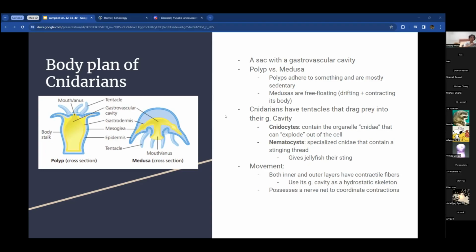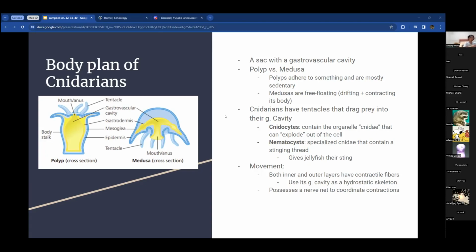The nematocyst is the specialized organelle. Sorry, cnidocytes. I got confused. Cnidocytes are the cells that produce large numbers of nematocysts. The nematocyst is the organelle that contains a stinging thread that makes the sting go burr.